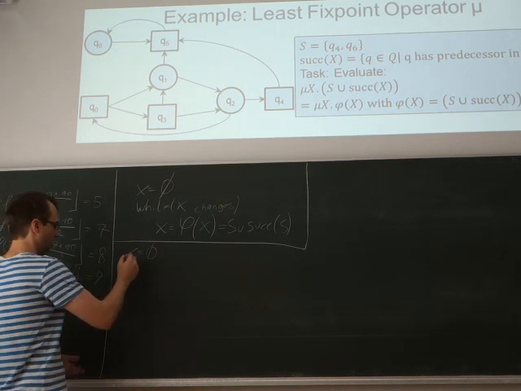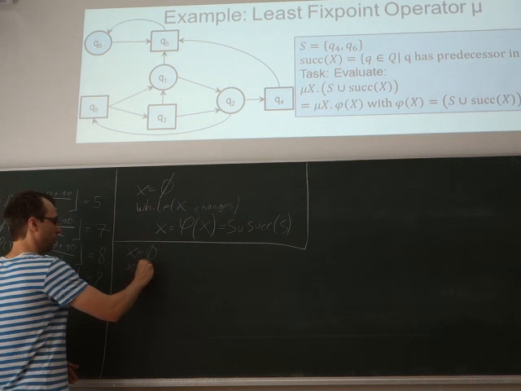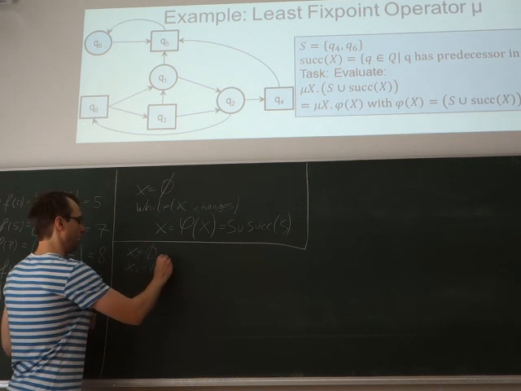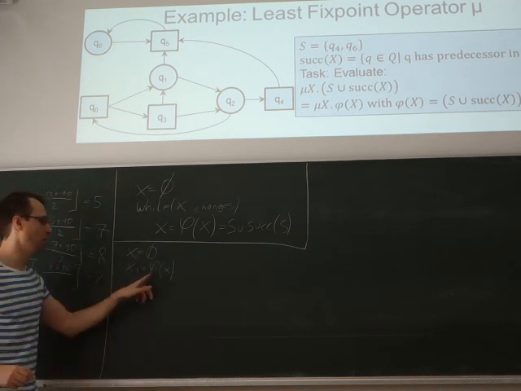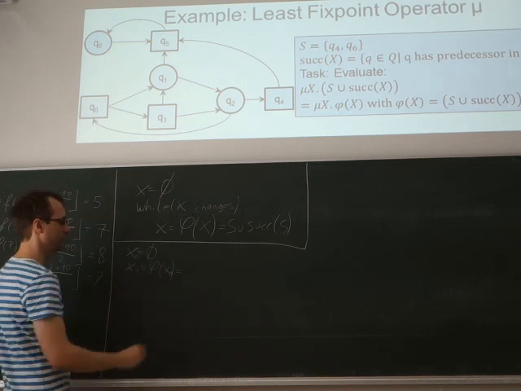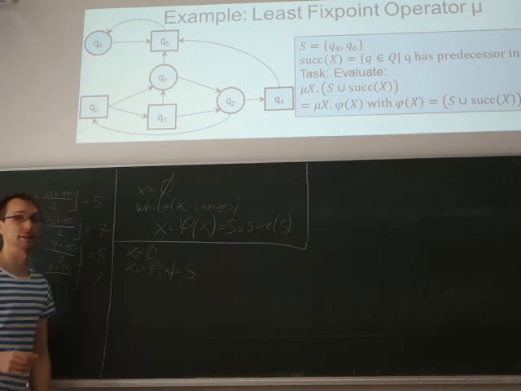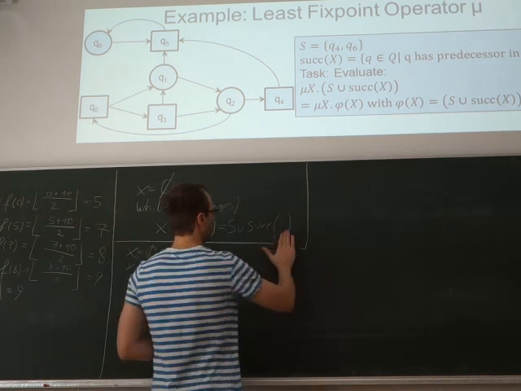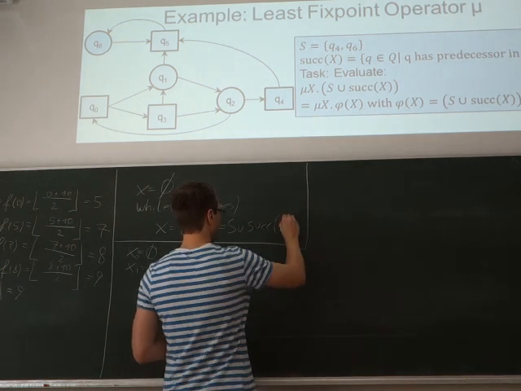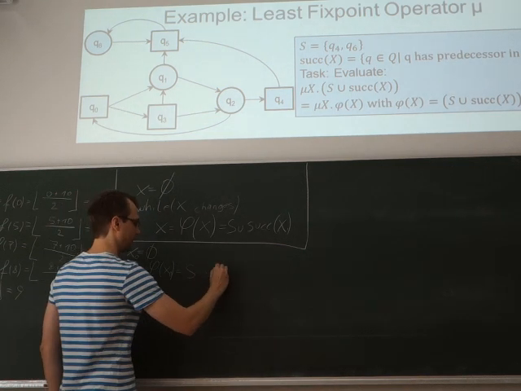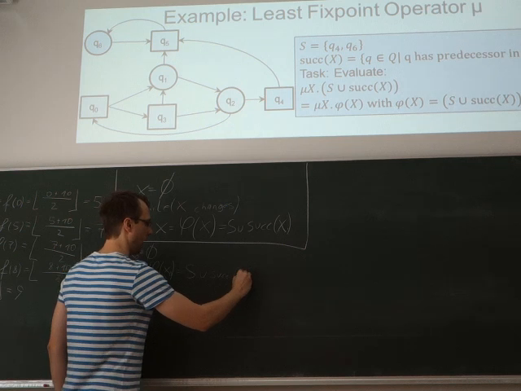So initially we always enter the loop and we compute the new value of x by applying our formula phi to the old value of x, which basically means that we take our set of states S, and this should be an x, otherwise this doesn't make any sense. Take the union with the successors of x.